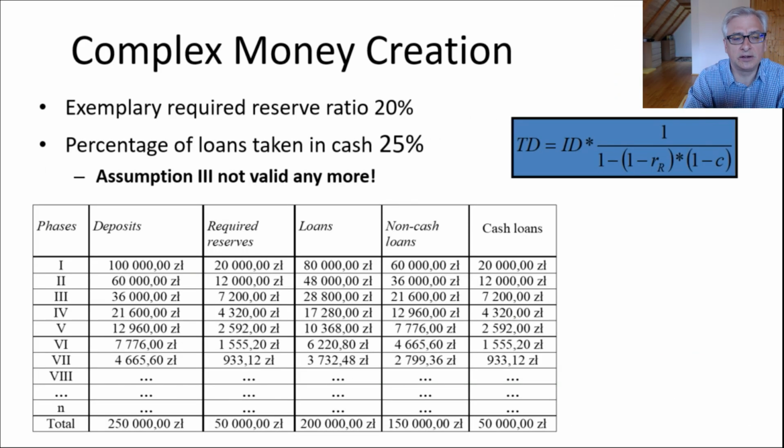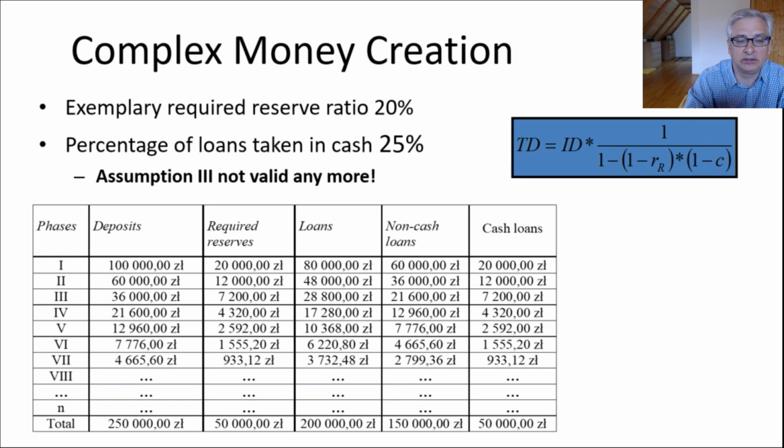Well, complex money creation acknowledges the fact that some of loans are taken in cash. In our example here, we assume that percentage of loans taken in cash is 25%. Our required reserve ratio is still 20%, but because of the fact that we allow for some loans to be taken in cash, our assumption number 3 would not be valid anymore.